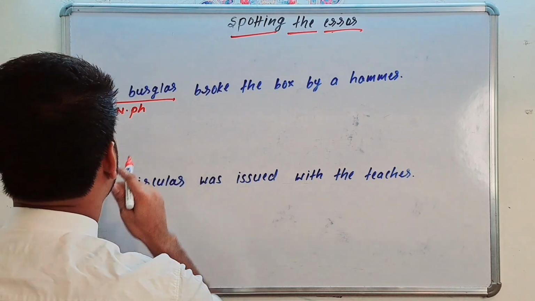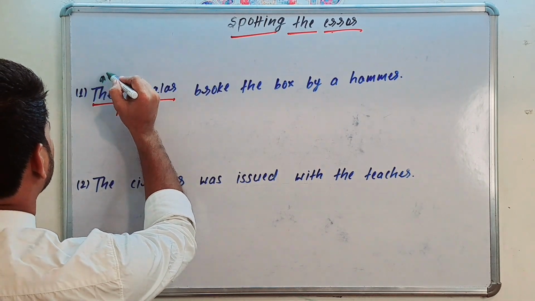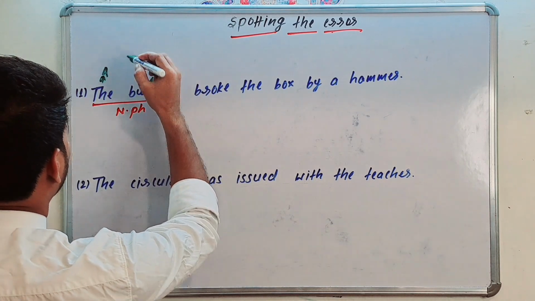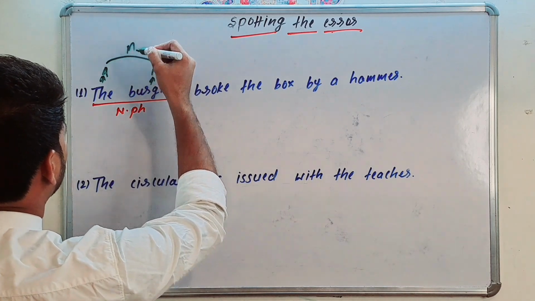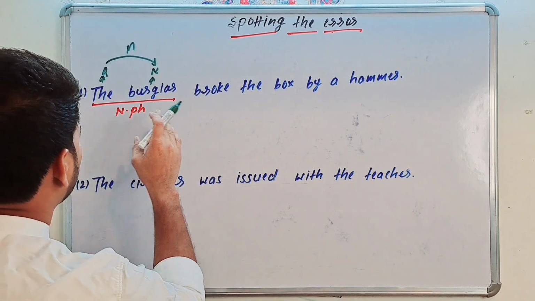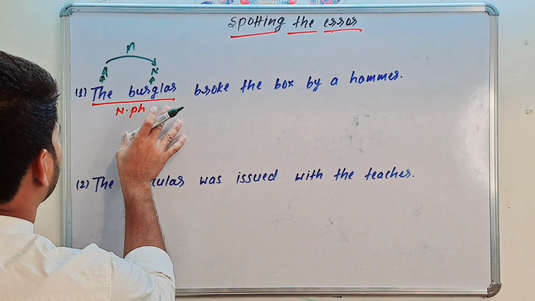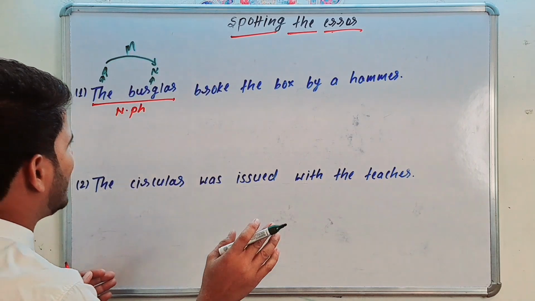In that noun phrase, this is your article, and burglar is the noun which is being modified. The article modifies the noun. This is your noun phrase.